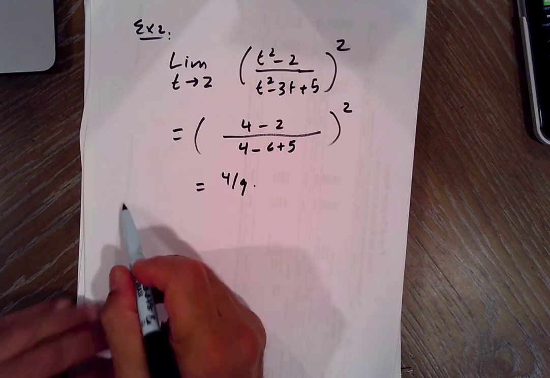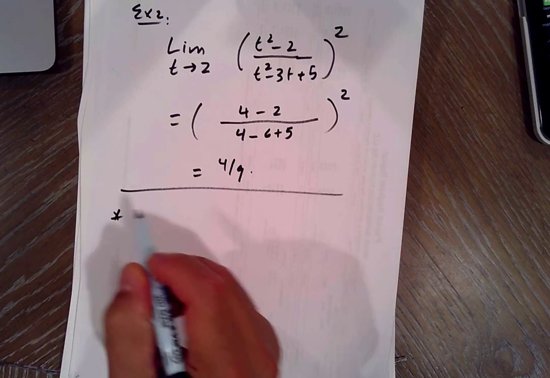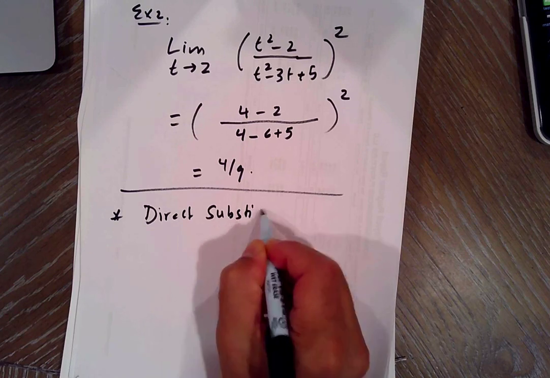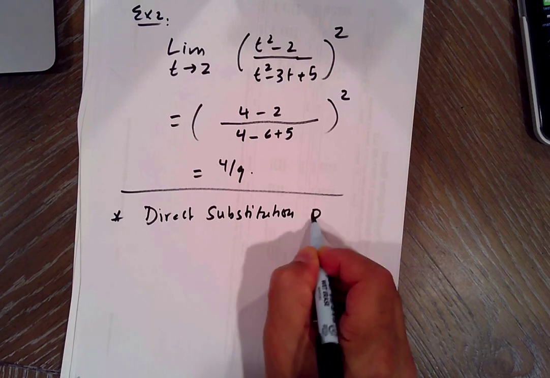And we're getting to the general properties now. Direct substitution property.